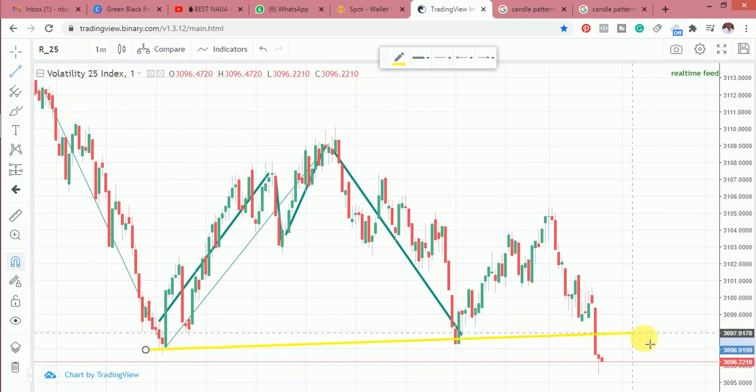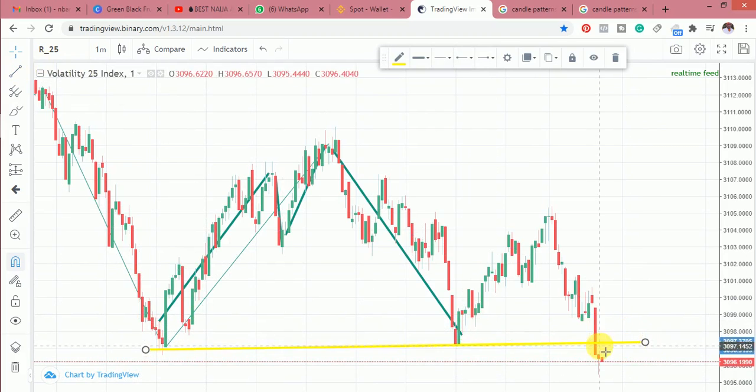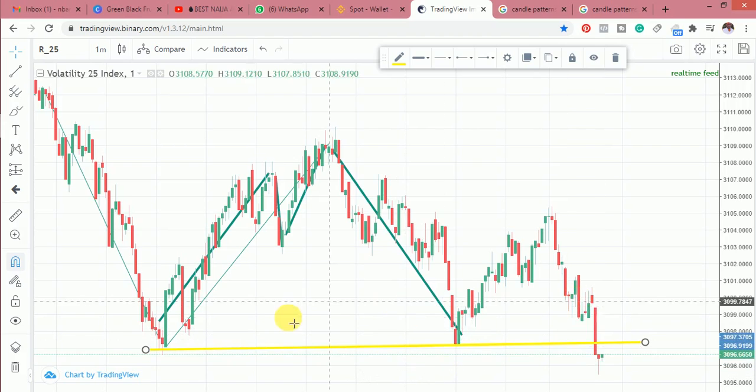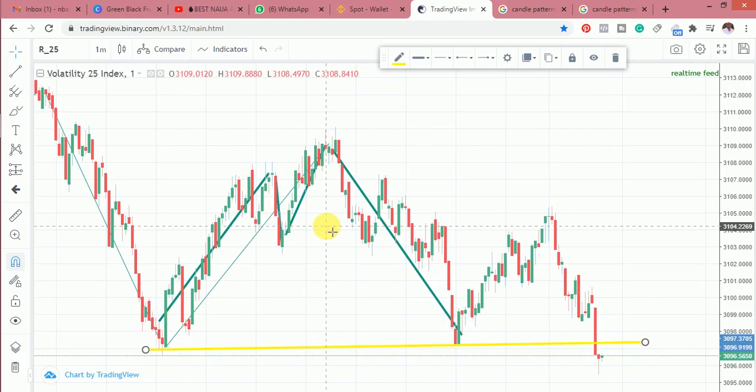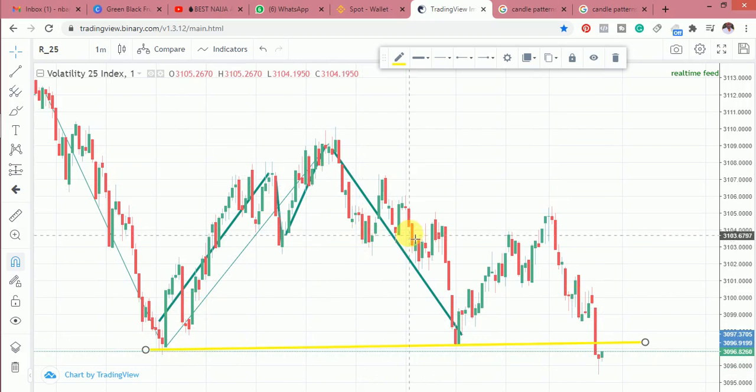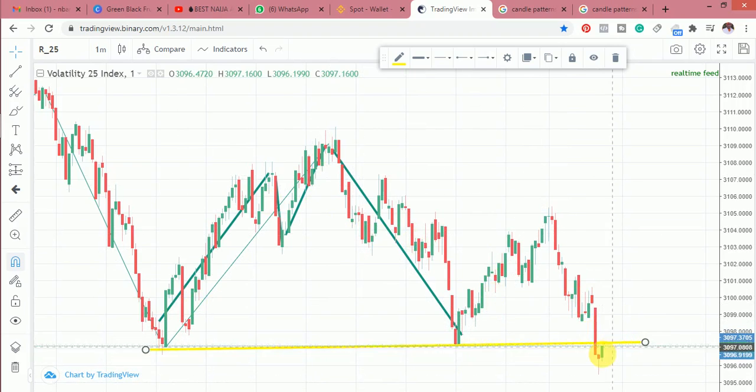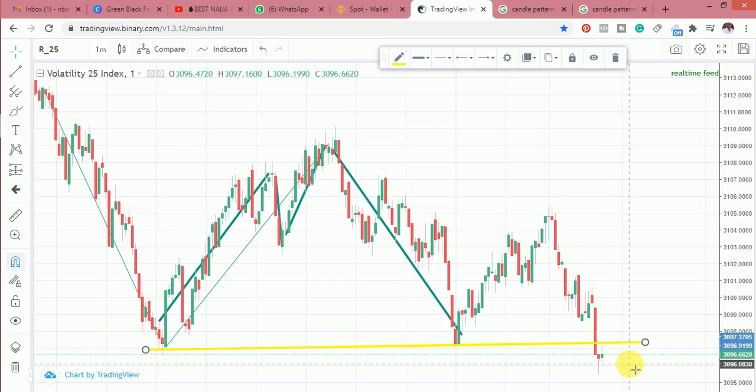You can see that it has cut through already, and it's almost an equidistance. What I'm trying to say is that it should always be at an equidistance before you can put a stop to it. But in this other case, it has cut through already, which means that the likelihood that the market is going to go down for a long run in a short while is very promising.